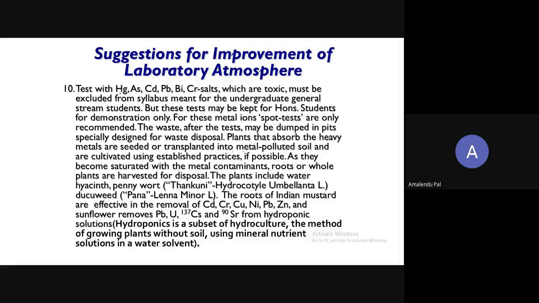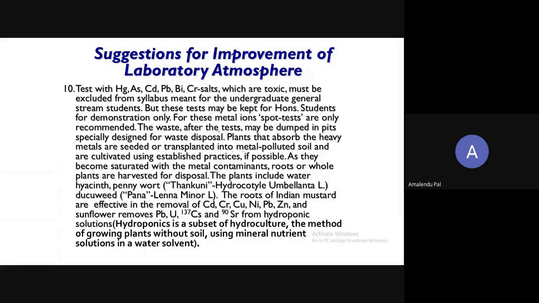Even then, some colleges may have mercury, arsenic, cadmium, lead, bismuth. These are highly toxic. That's why I'm telling you they must be excluded from the syllabus for undergraduate general stream students. But these tests may be kept for honors students for demonstration only. For these metal ions, spot tests are the only ones recommended. This is a simple one.